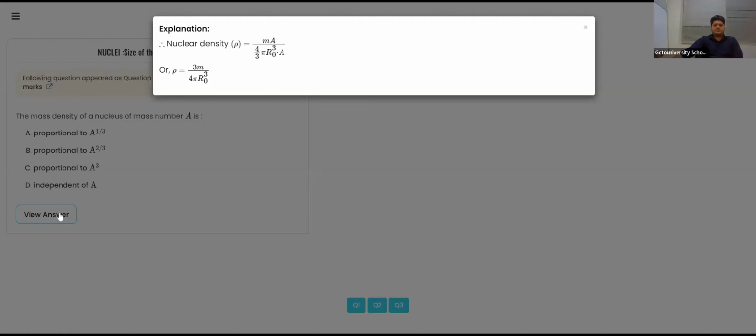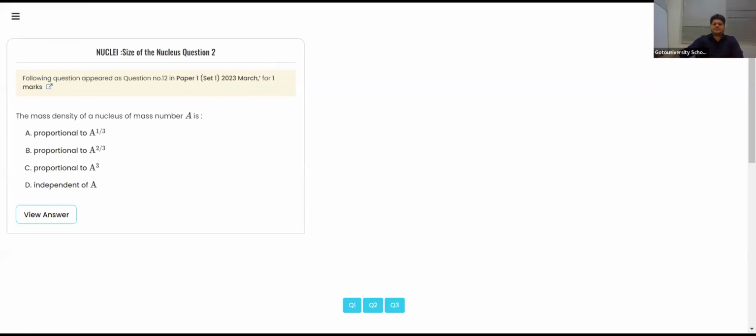Check. If you check this equation, you will come to know that it doesn't depend upon A. See, if you check nuclear density, it doesn't depend on A. That means which option will be correct? Option number D.